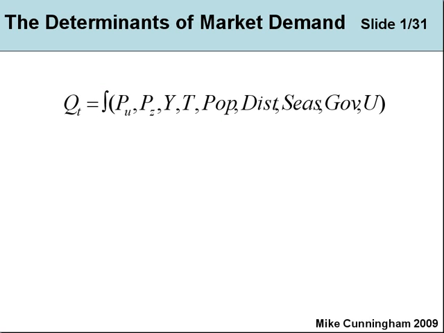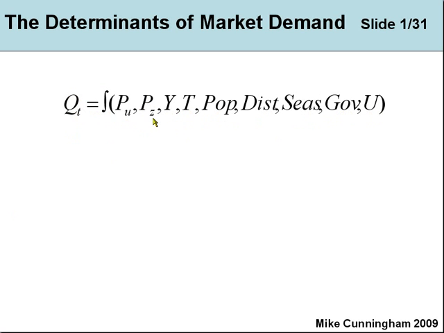So what we're going to say here is that the quantity demanded, QT, per unit of time, per week or per day or whatever, depends on the price per unit and the price of alternative goods or related goods. It also depends on all of these other factors that we'll discuss later: income, taste, population, distribution of income, seasons, government, and so on.